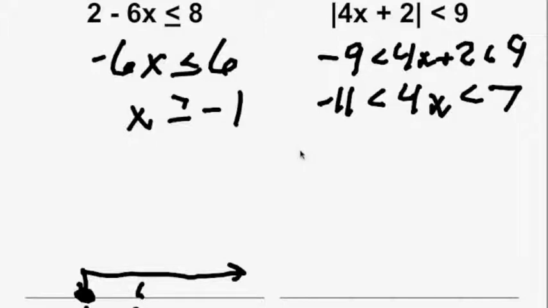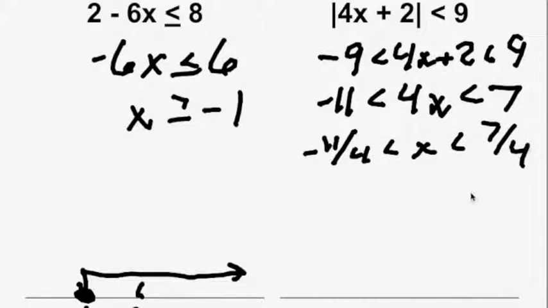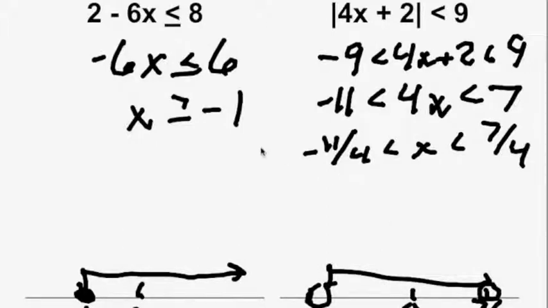When you divide by 4, you get negative 11 fourths is less than x is less than 7 fourths. So you have your 0, your 7 fourths, and your negative 11 fourths with open circles on both endpoints that go in and connect to each other. And that is inequalities.